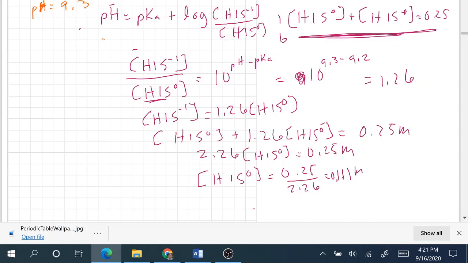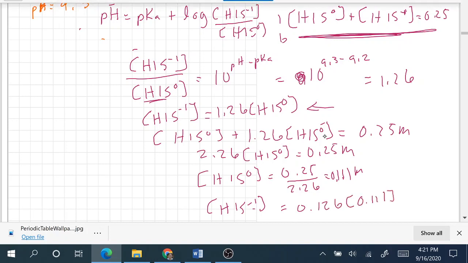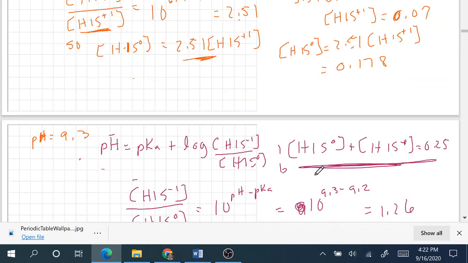Okay. And we know that His minus 1 from this equation here is equal to 1.26 times 0.111 is equal to 0.140.